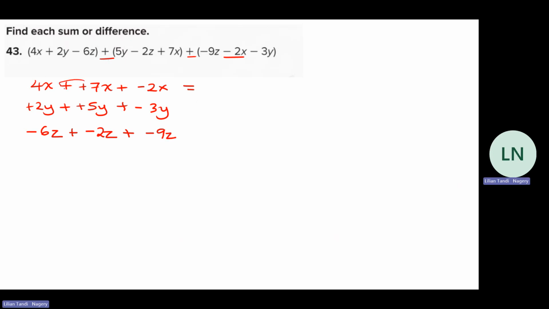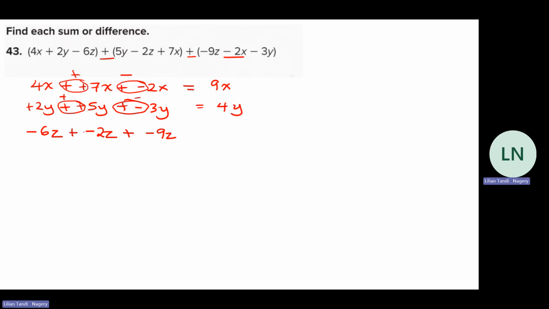This becomes plus, this becomes minus. 4 plus 7, 11. 11 minus 2, 9. And the variable is x. Then this becomes plus, this becomes minus. 2 plus 5 is 7. 7 minus 3 is 4.